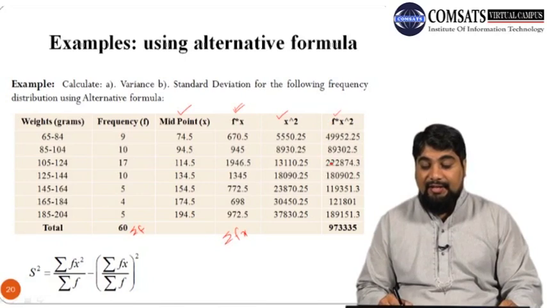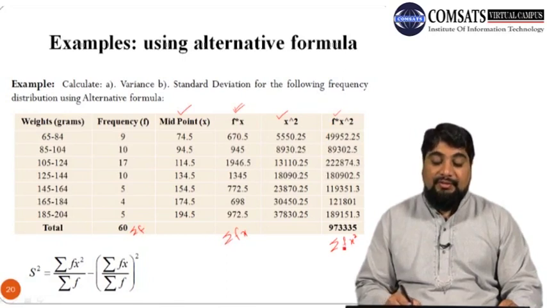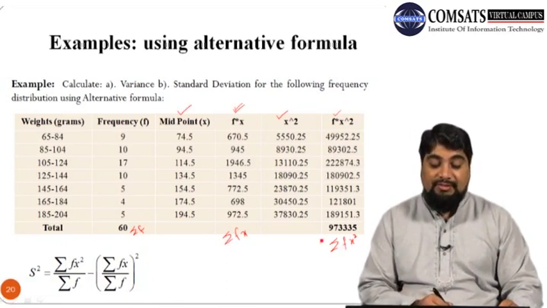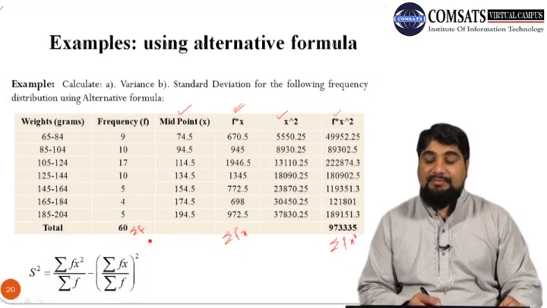And in the end we need to take this sum, which is summation fx square. So just replace the values: summation fx square divided by summation f, minus summation fx over summation f, whole square, to get the variance.